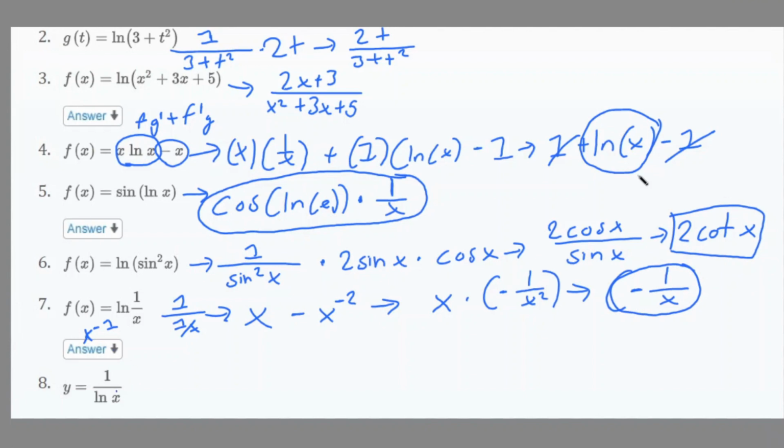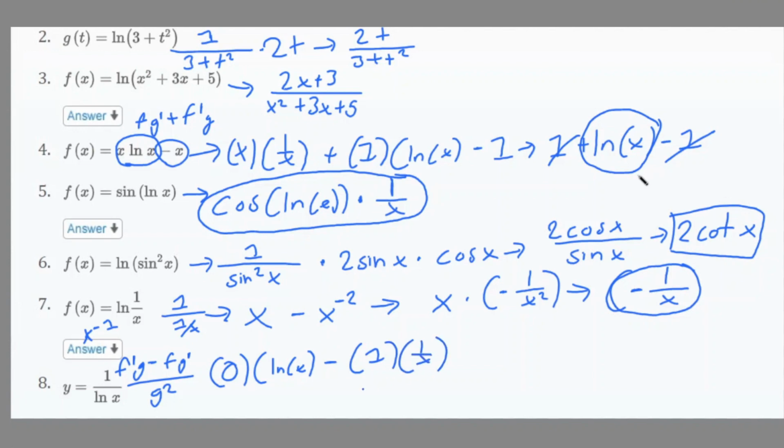Now number 8 is y equals 1 over ln of x. So for this, we're going to have to use the quotient rule. The quotient rule, if you remember, is f prime g minus f g prime over g squared. So we plug in the quotient rule, we're going to get f prime is 0 multiplied by ln of x, but that won't matter because 0 times anything is 0. And we get f, which is 1, times g prime, which is 1 over x.